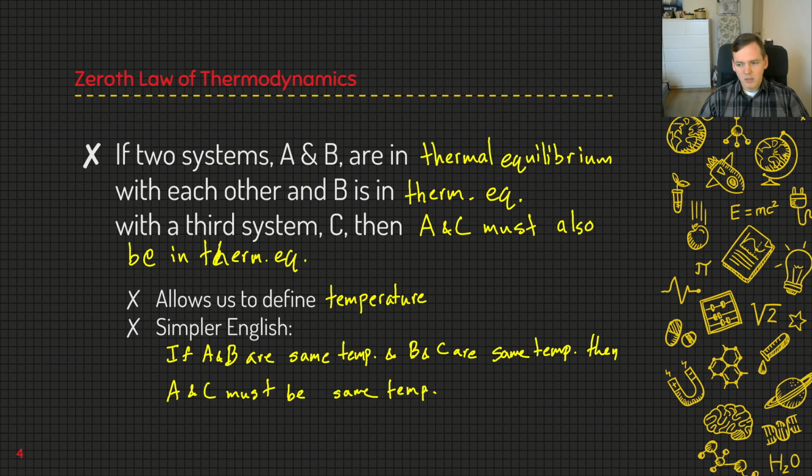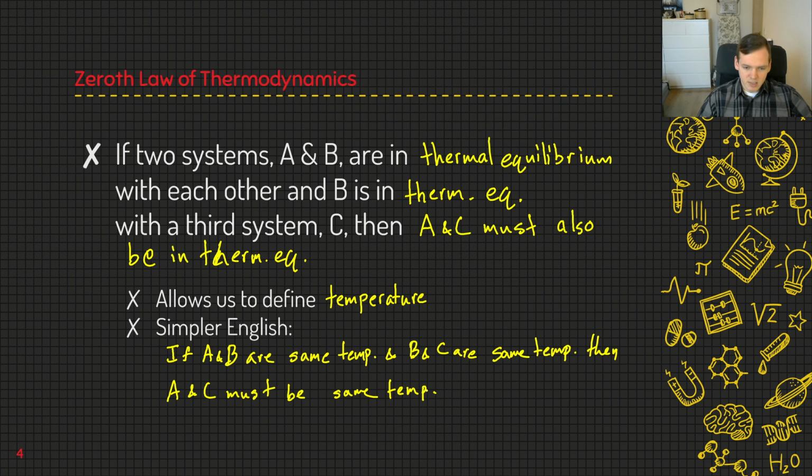So this lets us do something like make a thermometer. If I put this thermometer in boiling water and I mark where the mercury is or where the alcohol is, then we can say that's 100 degrees Celsius because we know that's the temperature water boils at.